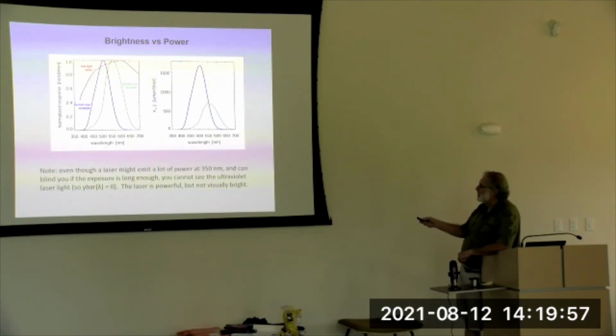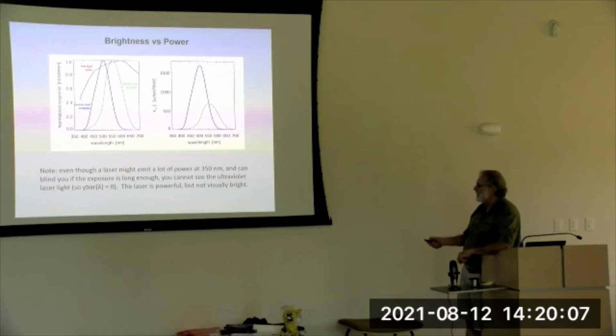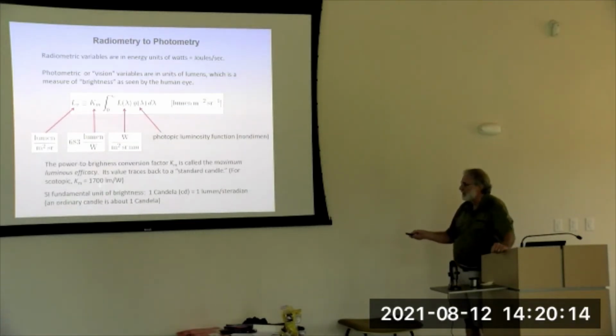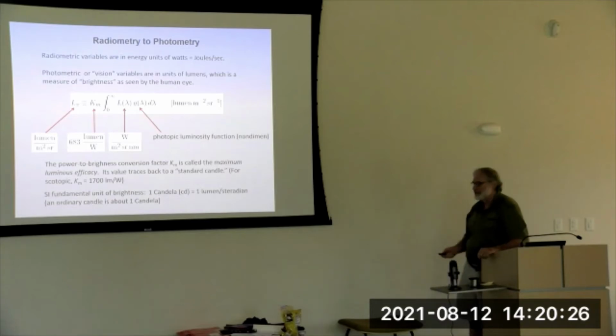So here's your 683 as the maximum value. The scotopic function, the equivalent of that maximum luminous efficacy, is about 1700 lumens per watt rather than the 683. That's telling you that at night, your eye is more sensitive. It makes better use of what light is there at the expense of losing some visual acuity. You don't see as much detail, and you only get to see in black and white.